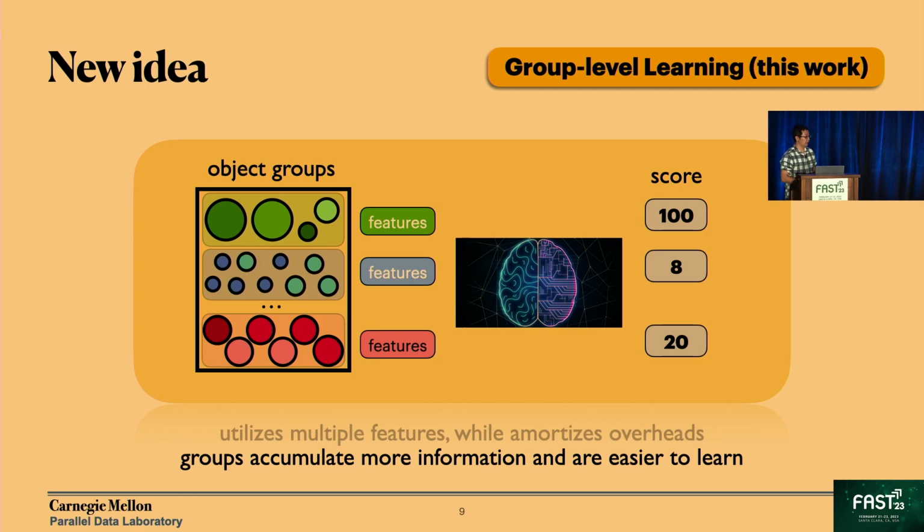So object-level learning has very limited information to learn from. Groups, however, have many more objects, say tens or hundreds, and receive more requests, so they have more information to learn and predict from. So it makes it easier to learn.